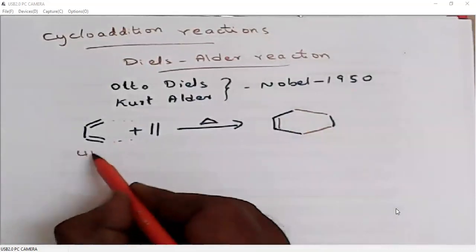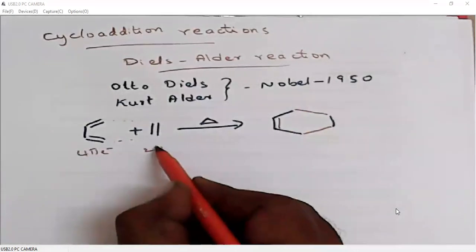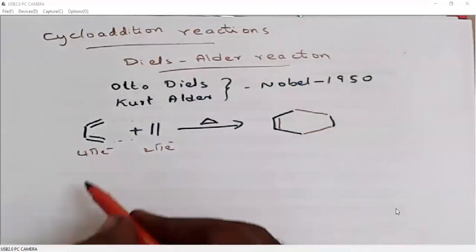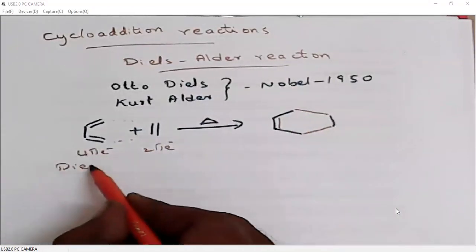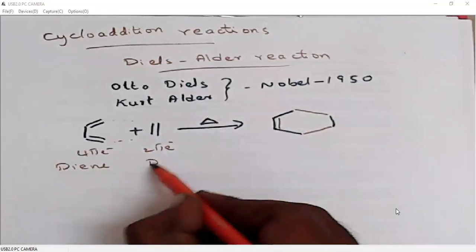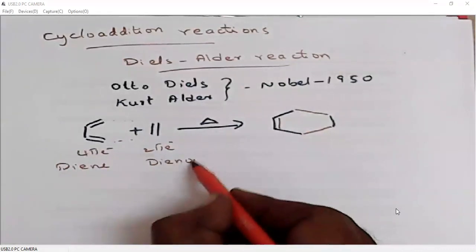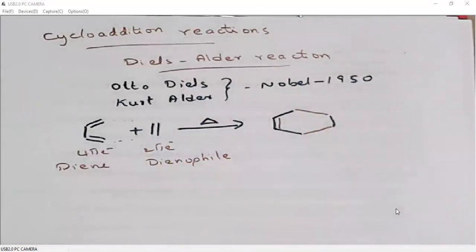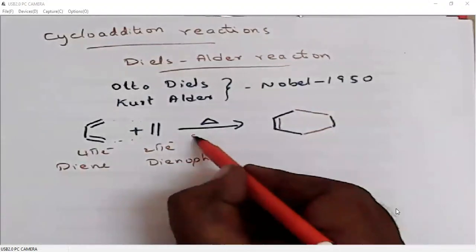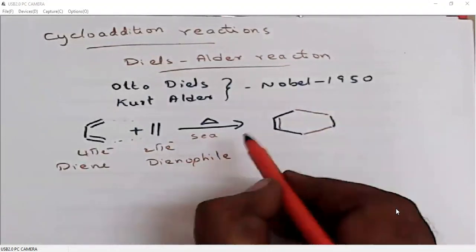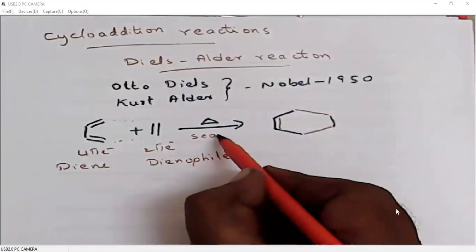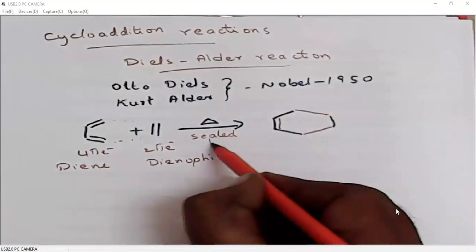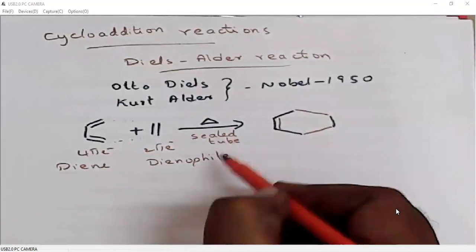So it is a cycloaddition between butadiene and ethene to give the six-membered cycle. This 4 pi electron system, this is a 2 pi electron system. The 4 pi electron system is called the diene. The 2 pi electron system is called the dienophile. So when we treat a diene and dienophile at very high temperatures, the reaction is generally conducted in a sealed tube at very high temperature.